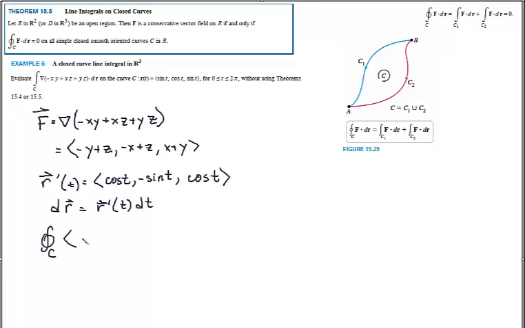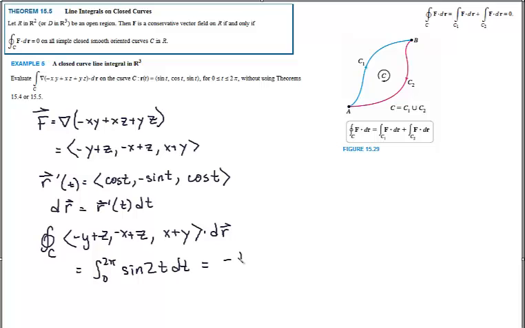I'm going to substitute here for f minus y plus z, and this is minus x plus z, x plus y, dot product my dr. This is going to end up with the integral from 0 to 2 pi of sine of 2t dt, and for this you will end up with minus 1/2 cosine 2t evaluated from 2 pi to 0 will get you 0.